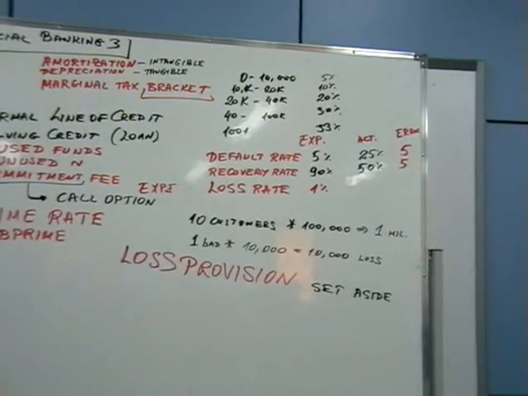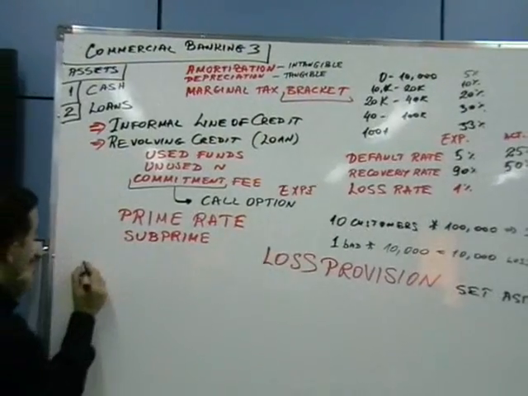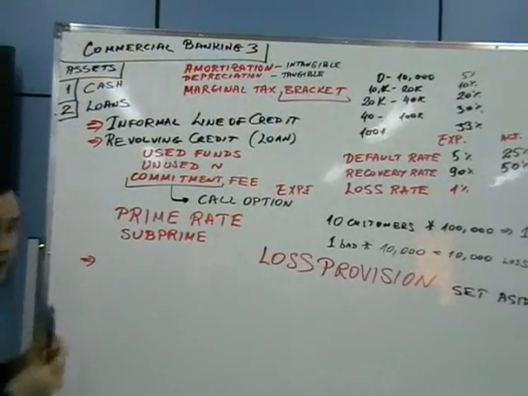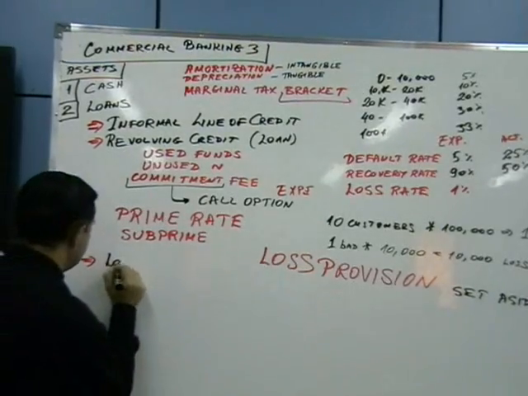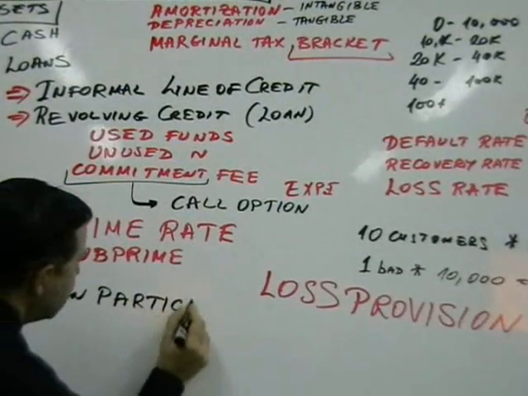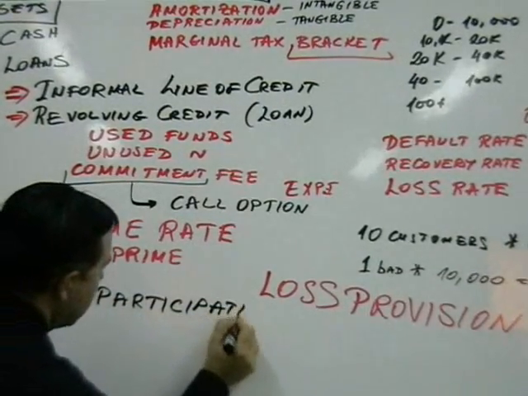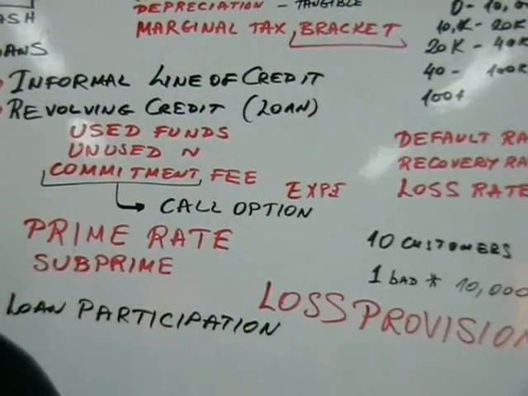All right. The next thing that bankers do is loan participations. Didn't I cover this last time? Yeah, loan participations. And you gave us an example, syndicated loan. Yeah, it's kind of like a syndicated loan.